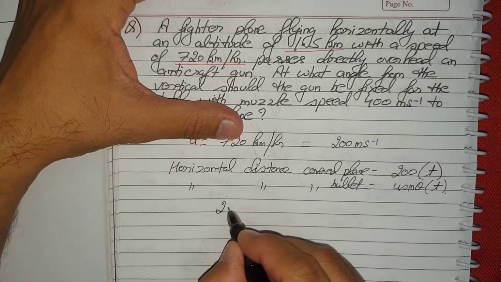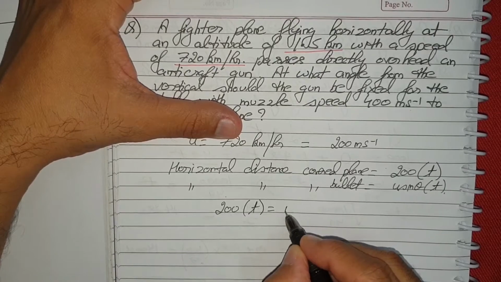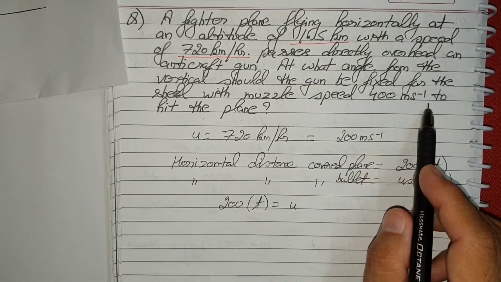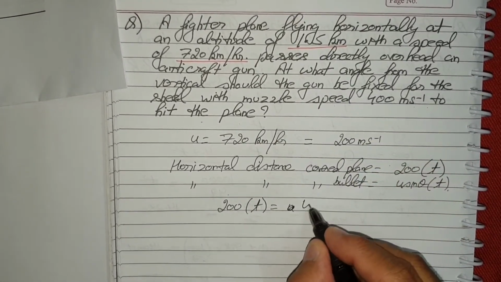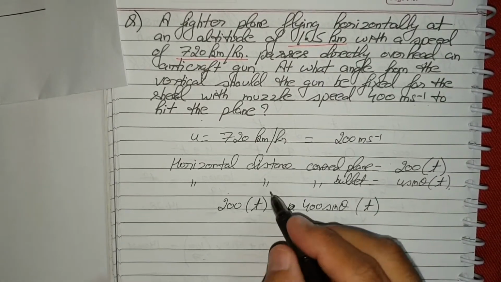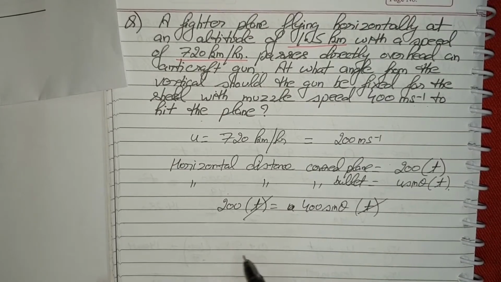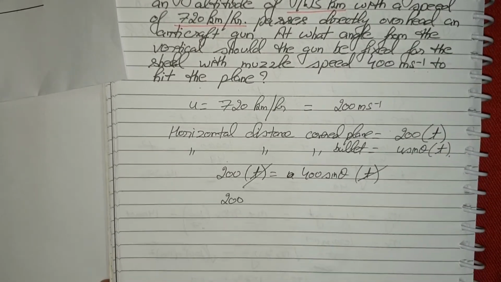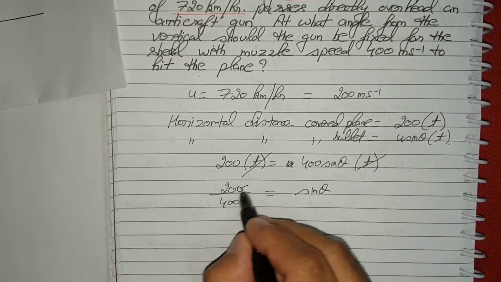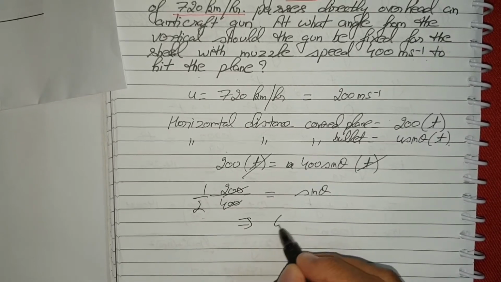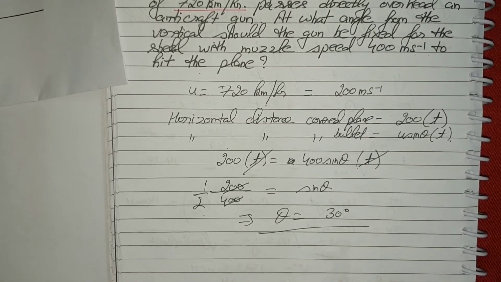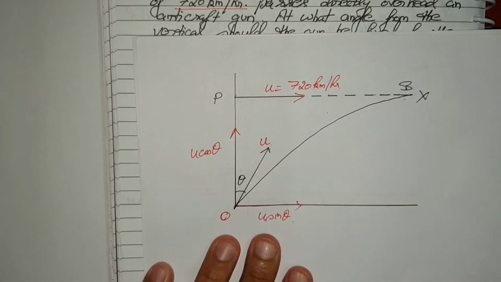So we write 200 t equals u sin theta t. The u for the bullet is given in the question as 400 meter per second, so we substitute: 400 sin theta into t. The t and t get cancelled, and 200 divided by 400 equals sin theta, which is 1 by 2. This implies theta is 30 degree, because sin 30 degree is 1 by 2. So it is a 30 degree angle with the vertical, that means this angle should be 30 degree.